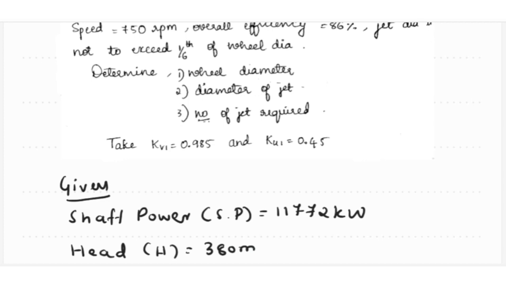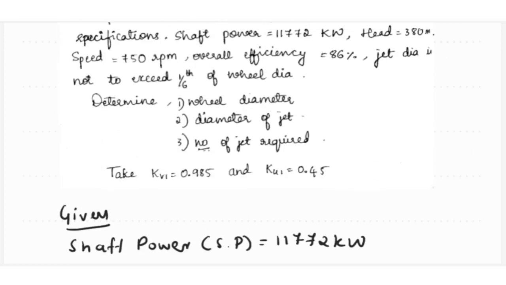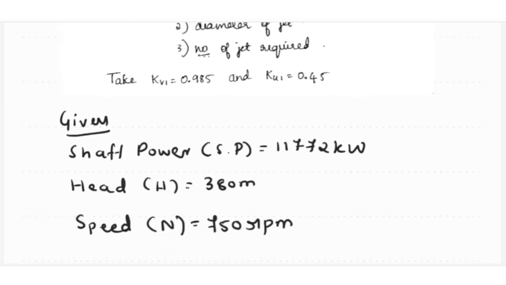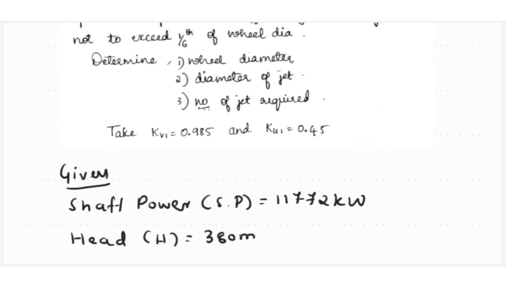Speed of wheel, N is equal to 750 rpm. In the question, overall efficiency is given; we will write it in short form as eta naught, 86%.